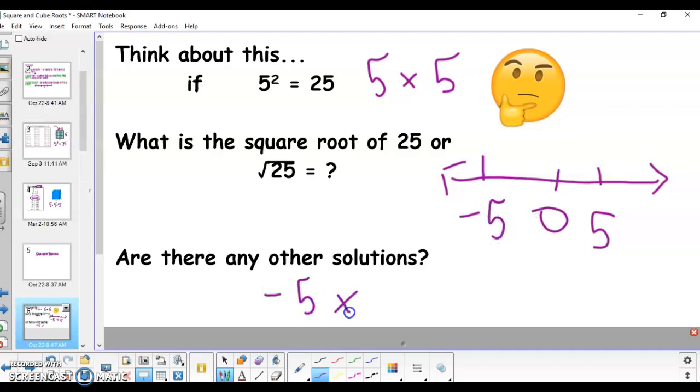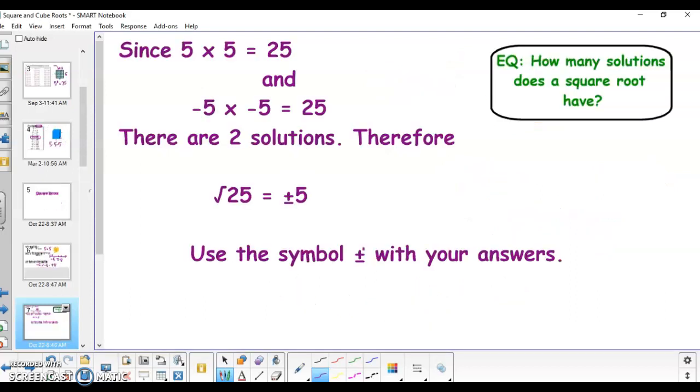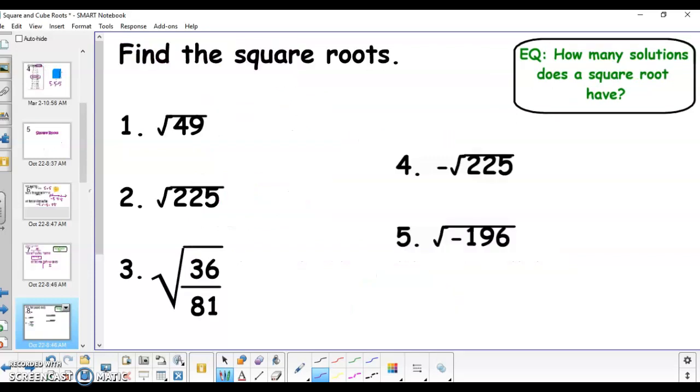Negative 5 times negative 5 is 25, just like positive 5 times 5 is 25. So the square root of 25 is both positive 5 and negative 5. And you write that by using this symbol, plus or minus.